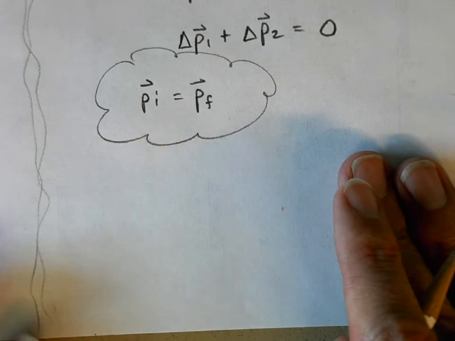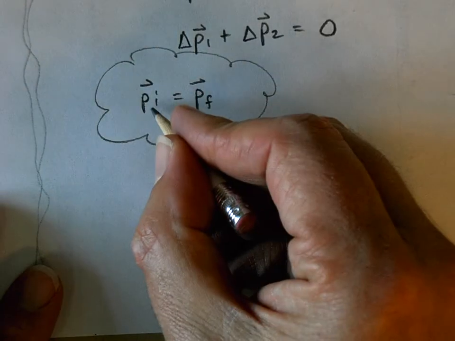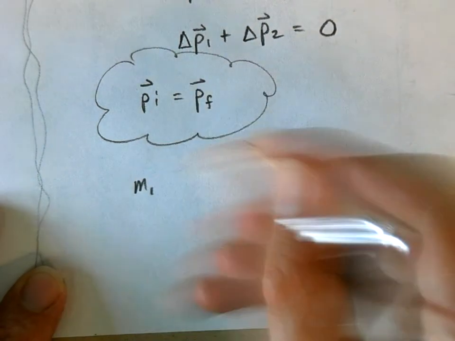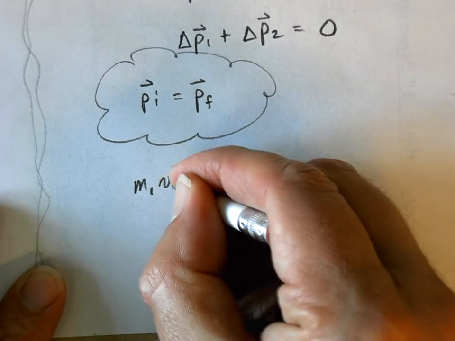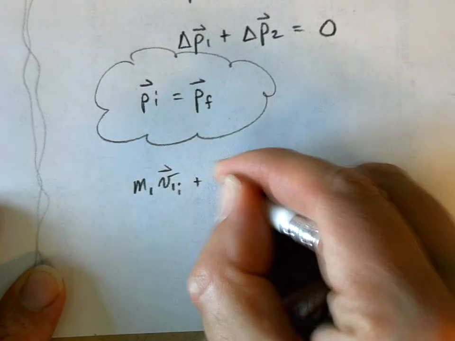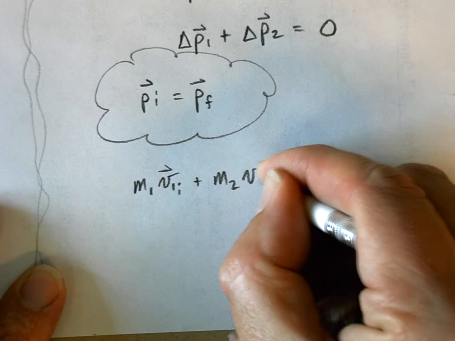I would start, use given, find, and solve, but then I would say, okay, what's the initial momentum in the system? Well, there's only two objects in my system, M1 V1 initial plus M2 V2 initial.